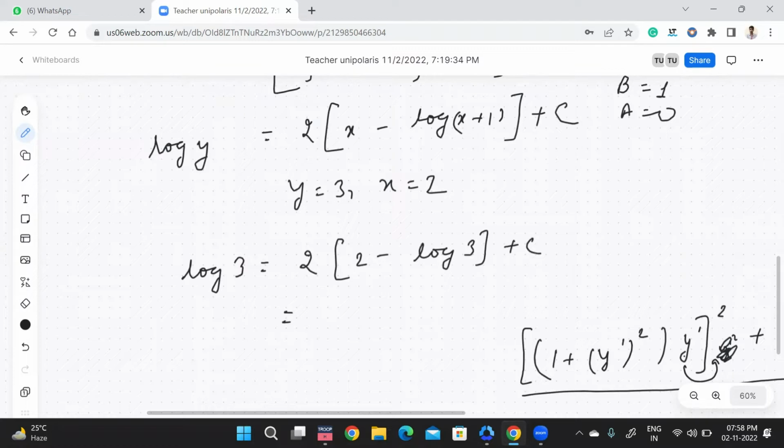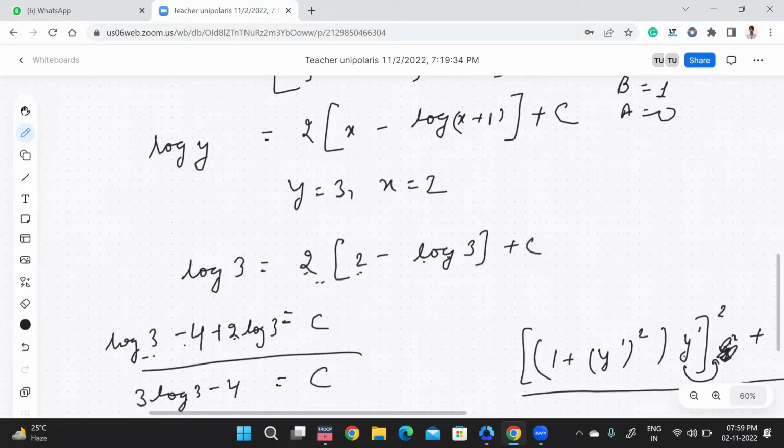You get log 3, and here you'll get 4, so this goes to the other side as minus 4. Next you'll get minus 2 log 3, so here you'll get plus 2 log 3. 2 log 3 and log 3 can be added together to get 3 log 3 minus 4. So this is the value of c.